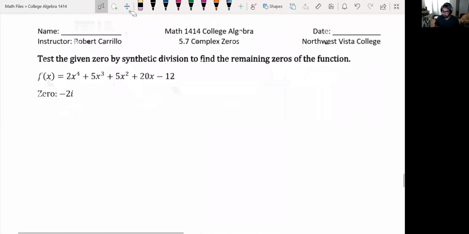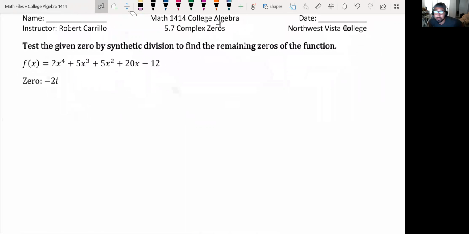Last one. This one's fun. Mind-blowing at that. Test the given zero by synthetic division to find the remaining zeros of the function. F of x equals 2x to the 4th plus 5x cubed plus 5x squared plus 20x minus 12. So we want to test the given zero of -2i. And they're giving us a complex zero, which means we know the other zero already by conjugate pairs.